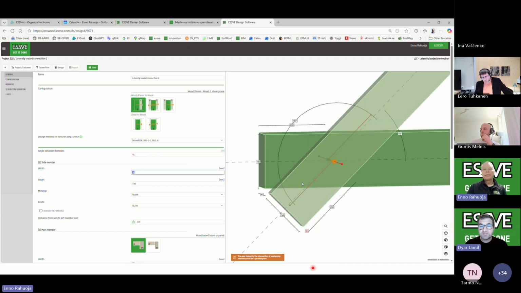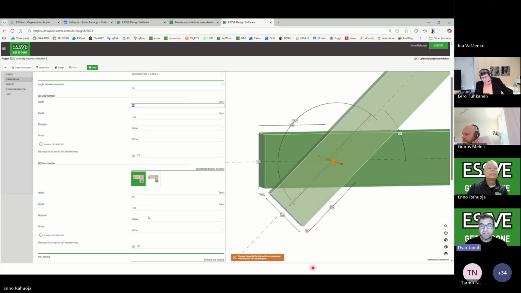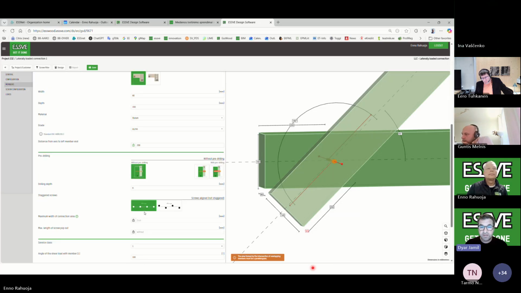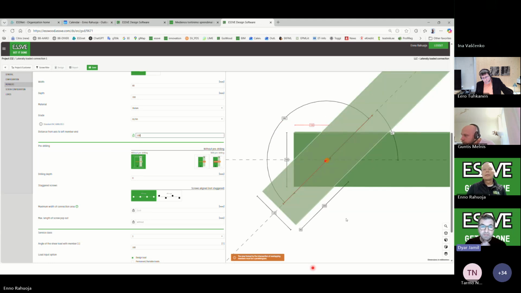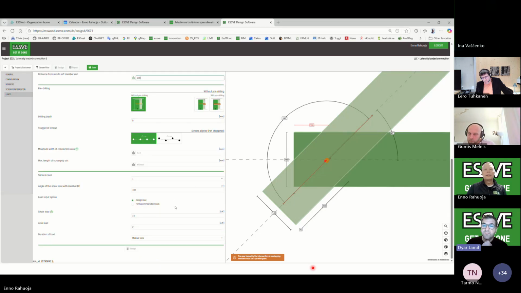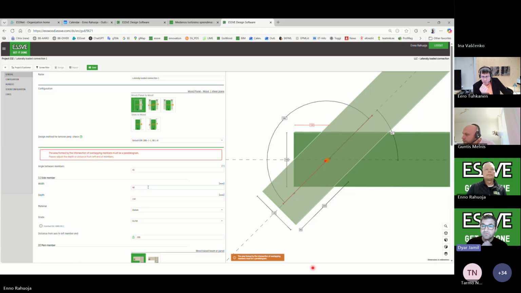Yes, and still you have total connection between these two areas. If you change this 200 at the bottom of the secondary beam to 118, something like that, then it gives an error sign. If you go up in the program, you will see the error sign.